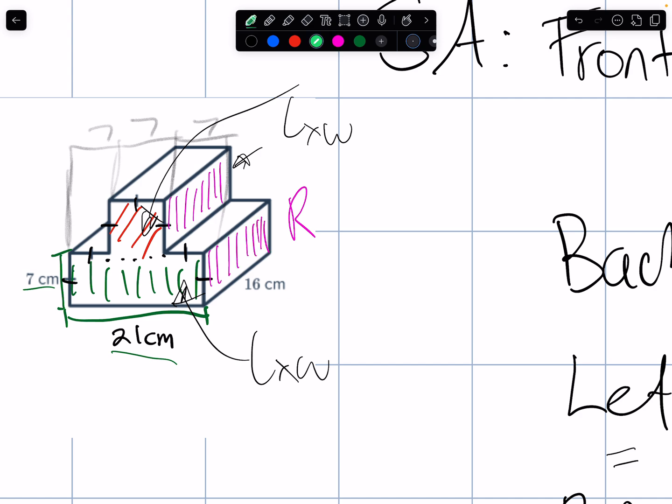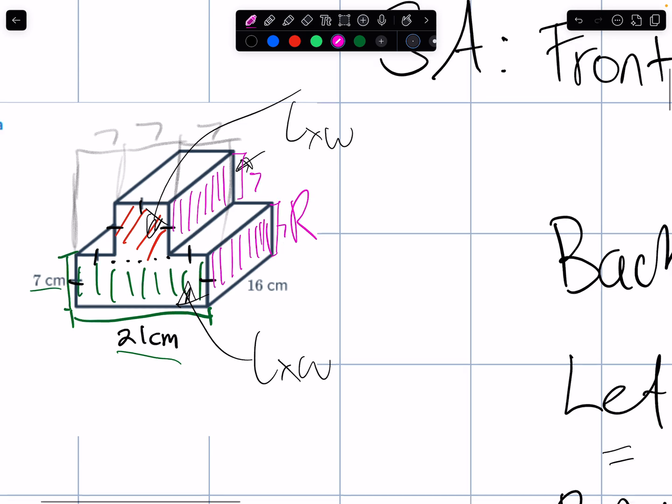Important, this side here is part of our top, so when we're looking at it face down, that's part of that side. So our right hand side is these two right there. We know that from here to here is 7, and from here to here is 7. It is 7 times 16 plus 7 times 16.